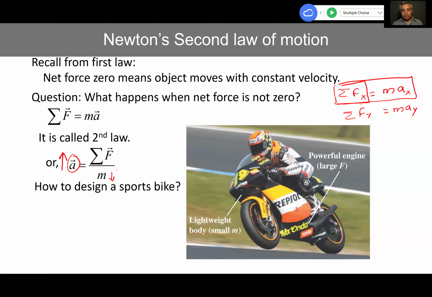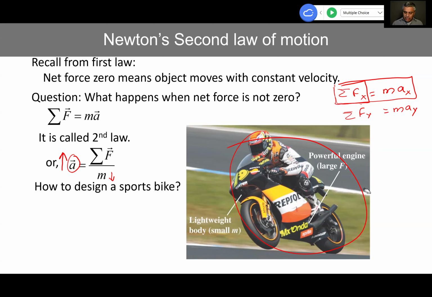Okay, but in practice, we cannot just keep decreasing the mass. We cannot make a bike or car out of paper, right? It's going to be blown away by the air. So we have to minimize the mass, but we do not want to make it so small that it becomes featherweight.